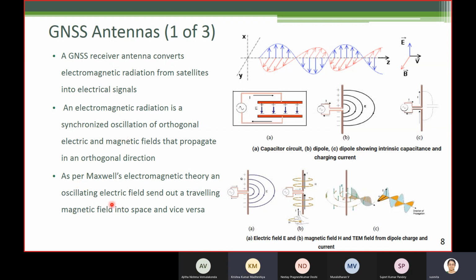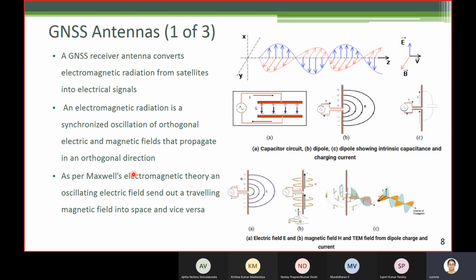These traveling waves are generated. See, traveling waves can propagate in space, in a vacuum. Mathematically, this can be shown. Traveling wave means it will alternate in time and at the same time it will propagate in distance, so the equation will have two terms. One will be changing with distance, another will be t.